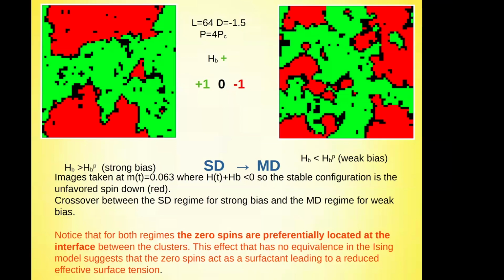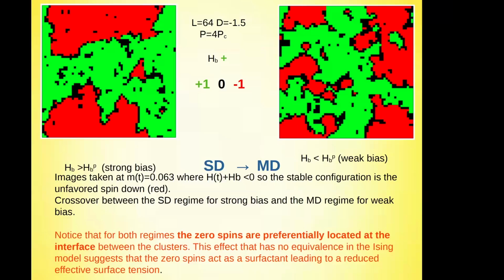And this effect, which of course has no equivalent in the Ising model because I have no zeros, suggests that the zero spins act as surfactant, leading to a reduced effective surface tension. We tried to do some calculation, we haven't got any numerical values yet, but it seems that this is what is happening. With the zero spins acting as a surfactant, it's easy for the clusters to grow.